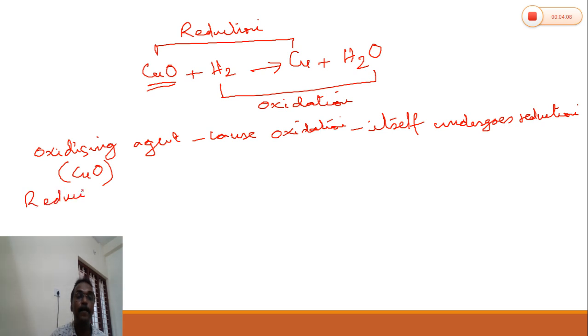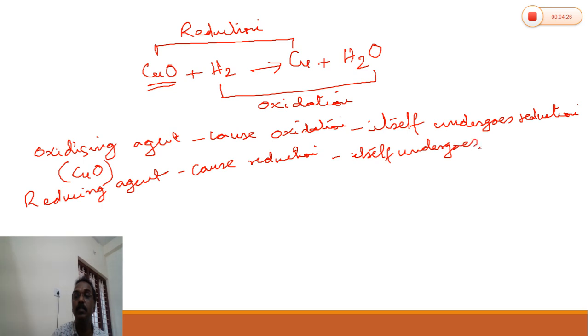A reducing agent causes reduction, but itself undergoes oxidation. Who is the reducing agent here? H2 is the reducing agent.